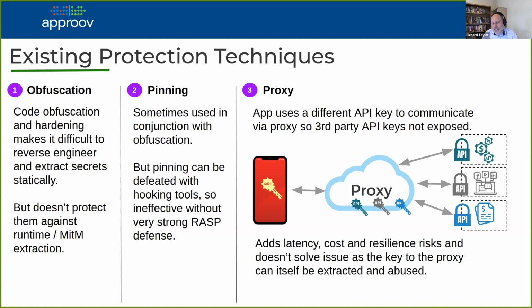The app authenticates itself to that proxy, and then the requests get forwarded on to the actual backend API. So in that case, only the proxy itself knows the real third-party API keys, and relies on the authentication of the app to prove it's the app, and then to make those backend API requests.